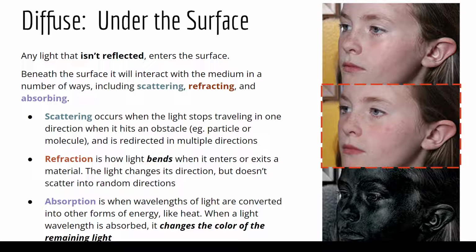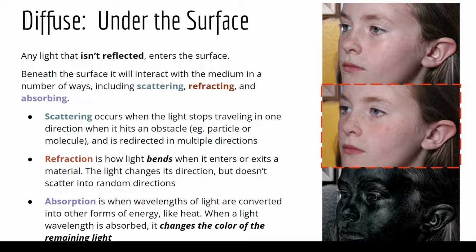Scattering is pretty easy to understand. It's essentially when light doesn't travel in a single direction, but hits an obstacle, like a molecule, and is redirected in different directions. Refraction is how light bends when it enters or exits a material. The light changes direction but doesn't scatter. So like I mentioned earlier, they sound similar, but they're actually a bit different. And absorption is when a wavelength of light is converted to another form of energy, like heat.